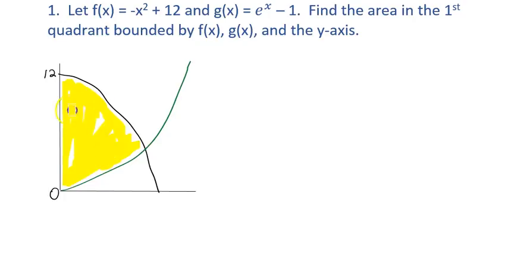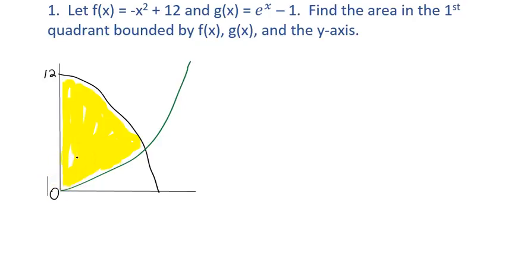Now, you're looking at that and saying, yes, I already know how to come up with this area. It's the integral from 0 to this amount of the top minus the bottom. And yes, you can find this one out this way. But for the purpose of practicing this dy area concept, we are going to do something a little bit different.